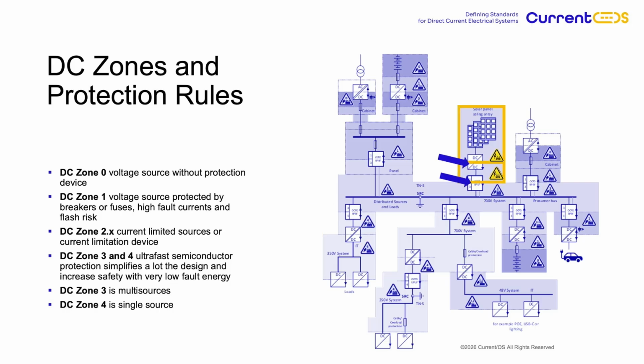Zone 2.1 is typical of photovoltaic installations, with current-limiting converters and electromechanical circuit breakers, or fuses. There are high fault currents and flash risk. Complex calculations are required which limit the scalability and replicability. Selectivity is not possible, making it suitable only for simple installations.